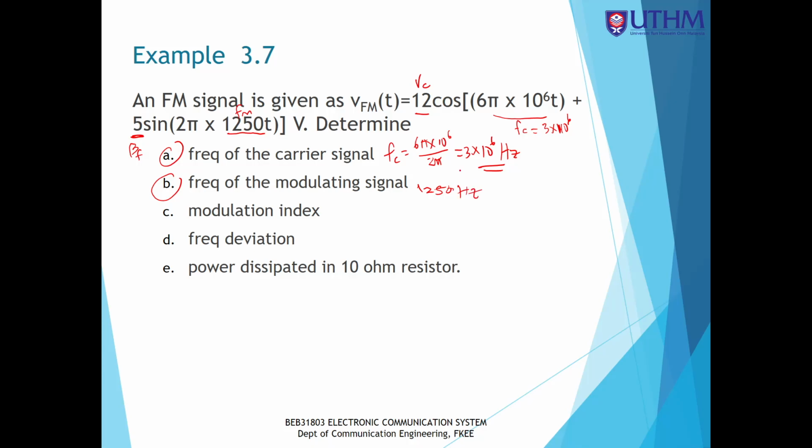Okay, 1250 hertz. And then what? Modulation index beta f is equal to 5, also given from the question.